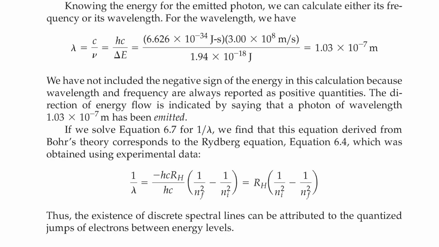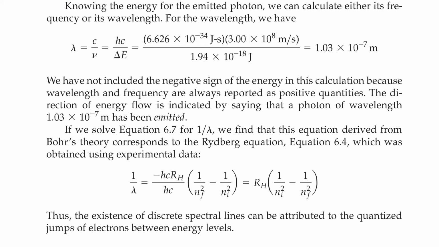Knowing the energy of the emitted photon, we can calculate either its frequency or its wavelength. For the wavelength, we have 1.03 times 10 to the negative 7 meters. We've not included the negative sign for the energy in this calculation because wavelength and frequency are always reported as positive quantities. The direction of the energy flow is indicated by saying that a photon of wavelength 1.03 times 10 to the negative 7 meters has been emitted.